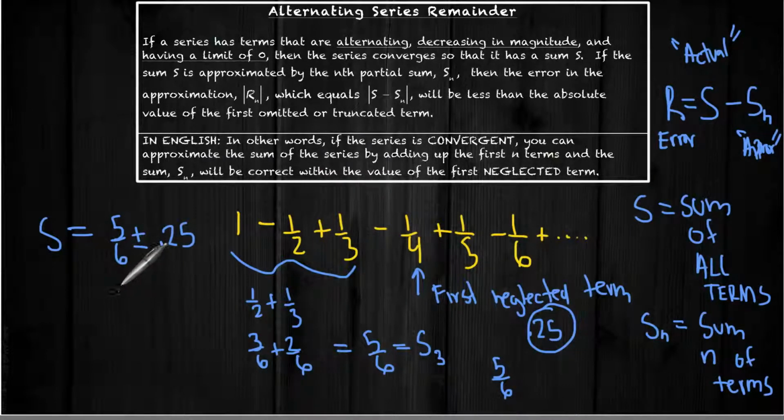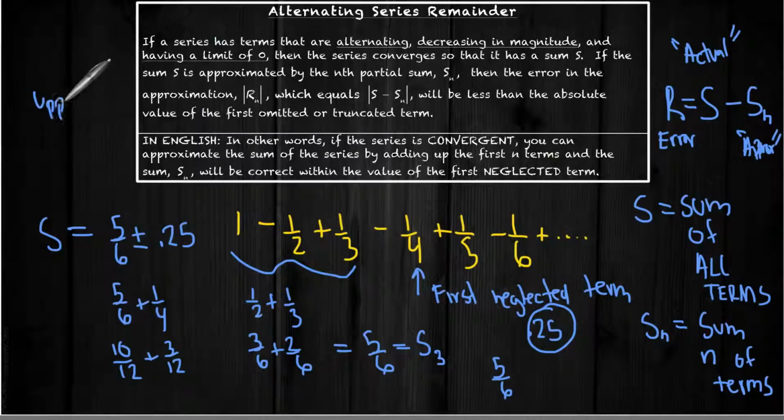So maybe we'll work that out. 5/6 plus 1/4 is, let's see, 10/12 plus 3/12, and that's 13/12. So the upper bound is 13/12.